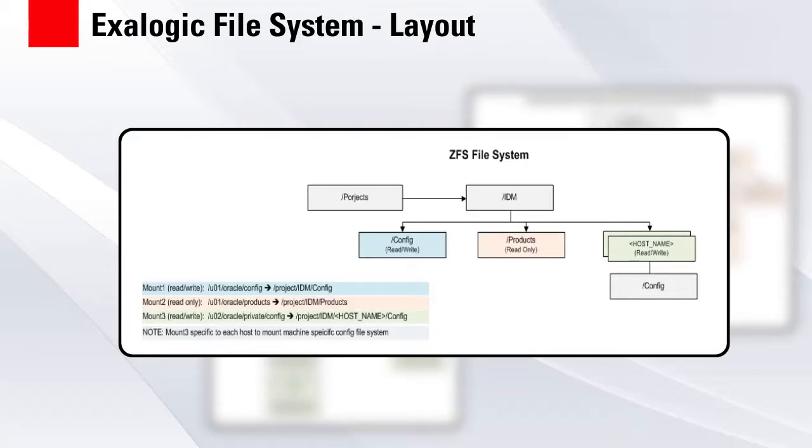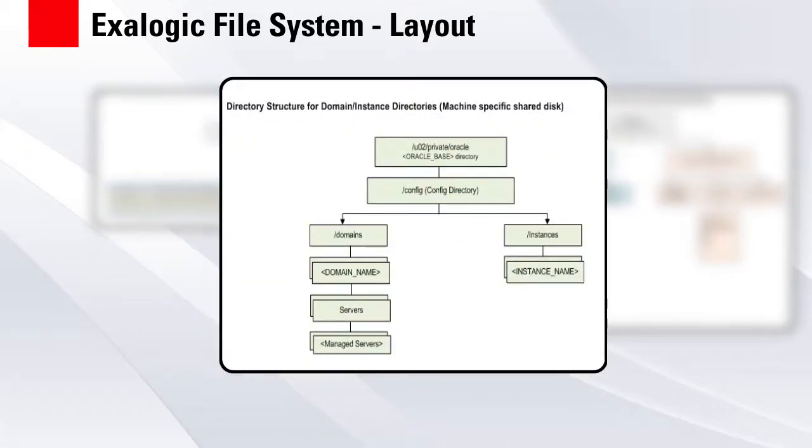And so the file system on the ZFS, projects IDM config, is mounted to every compute node through /u01/oracle/config. And then in this engineered system, we also mimic a local file system. Generally in an engineered system, we don't recommend using a local file system on the compute node, but here we are mimicking a local file system on the ZFS for different reasons. I'll give some of the reasoning, but first let me explain what that file system is.